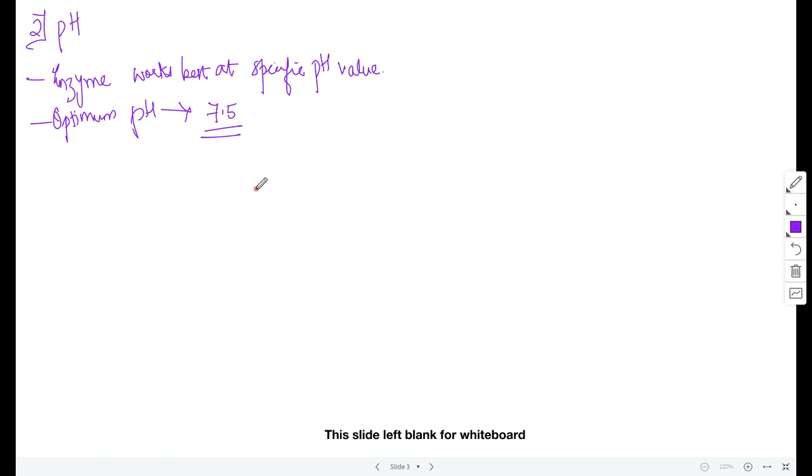What is 7.5? In which category will it come? Either acid or a base? It's like neutral, but more on the base side. Okay, somewhat near to the neutral side, right? Okay, so say 7.5 to 8. That is the optimum pH. Now again, to represent them in the form of a graph.